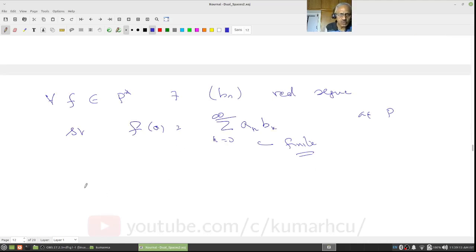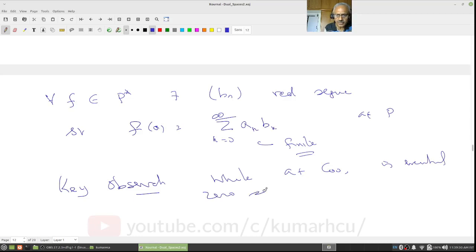Therefore, the important thing to observe, the key observation, is that while a belongs to C00, an eventually 0 sequence, b is any sequence of real numbers.